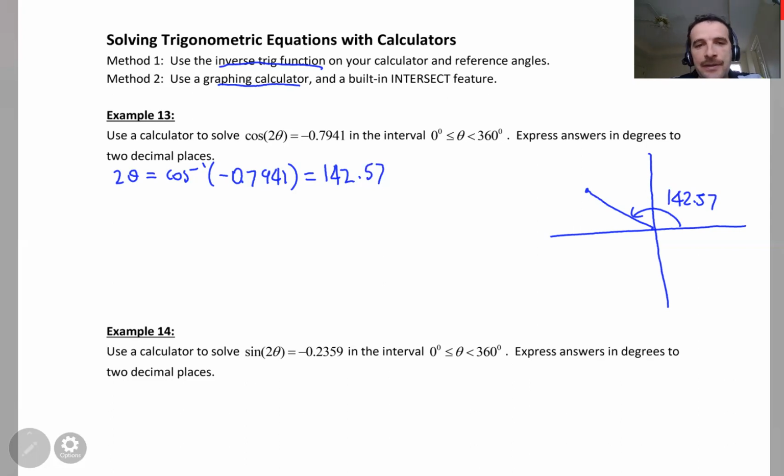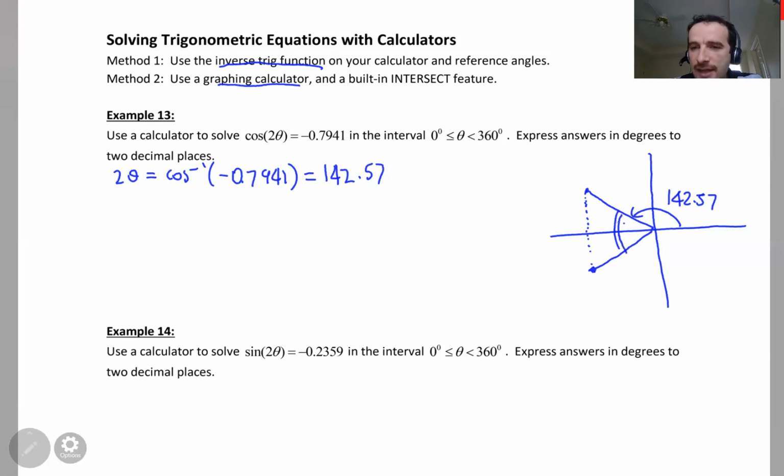Since this is a negative number, the other angle is in the third quadrant because cosine is negative in the third quadrant. To get the other angle, you just need to find the symmetry of this point through the x-axis, and it makes sense because cosine is the x value on the unit circle. So this is the other angle, and since this is symmetric, these angles are equal to each other.